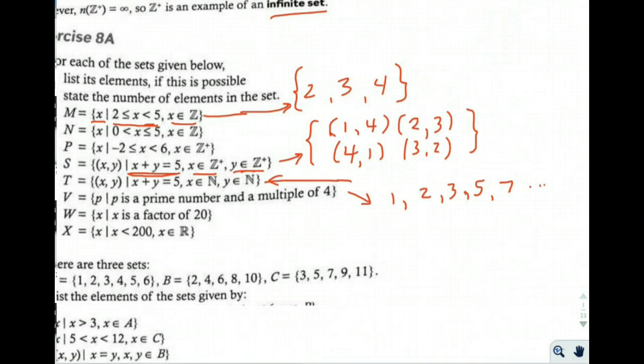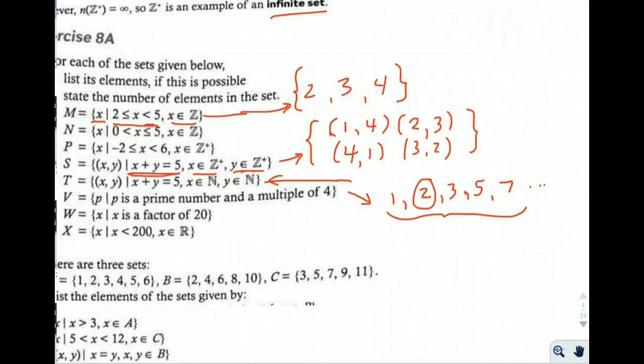Now, which of these are multiples of 4? You'll see that you'll never get a multiple of 4, because 4, 8, etc. all have 2 as a factor, and since they have 2 as a factor, they're not prime. Prime numbers do not have factors except for themselves and 1.